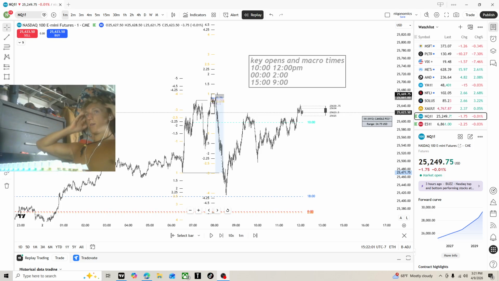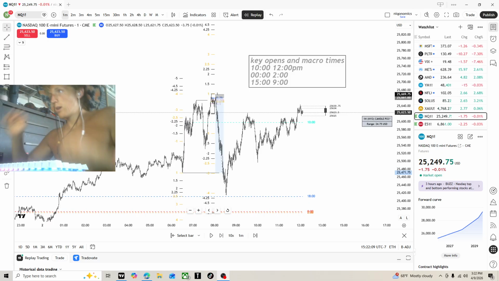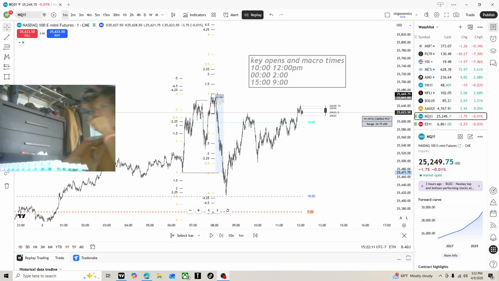Every entry model that you see is just fragments of different things. They're all pretty much ICT models. Besides people that trade order flow, which is a little different, but it's still supply and demand, still sellers and buyers. It's all the same thing. So the more entry models you can master, the more confluences you know, the more things you can stack and be confident with your trades.